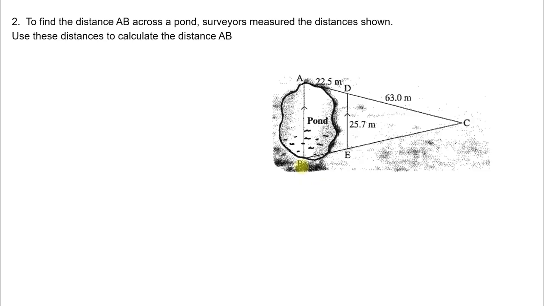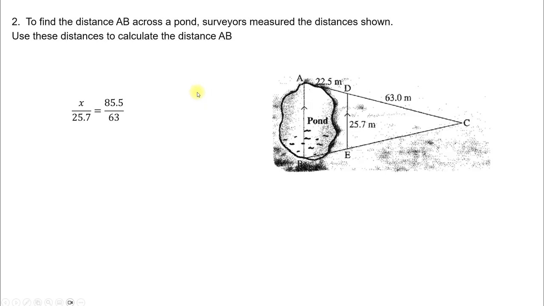So what we have right here are two similar triangles where the smaller triangle has a ratio of 25.7 to 63.0. So what we want to know is, what is the ratio of this unknown distance to this distance 22.5 plus 63.0.